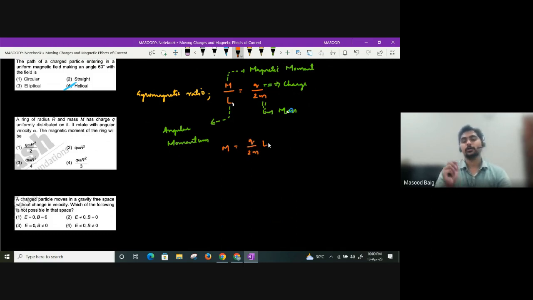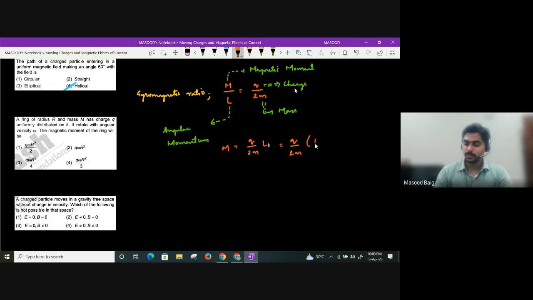Now, angular momentum, we go back to system of particles, guys. Please remember, there are two types of angular momentum. One is due to the effect of translation, called orbital angular momentum. The other is due to the effect of rotation, called spin angular momentum. Here the ring is only rotating, so we will talk about spin angular momentum.